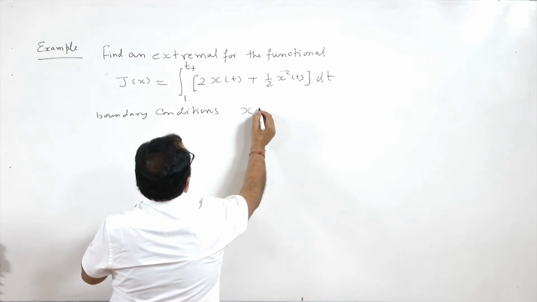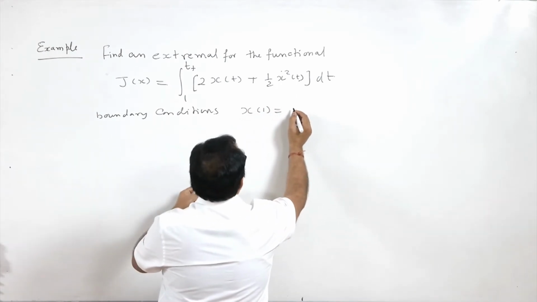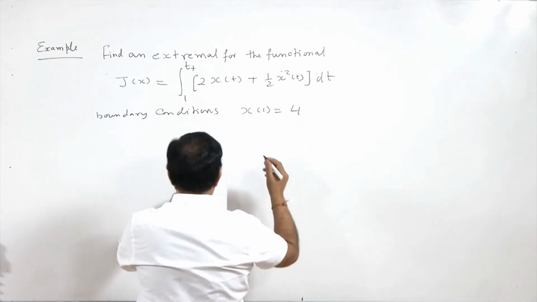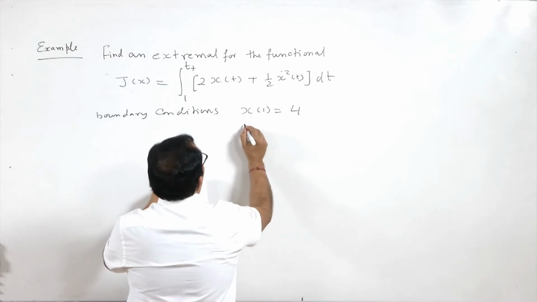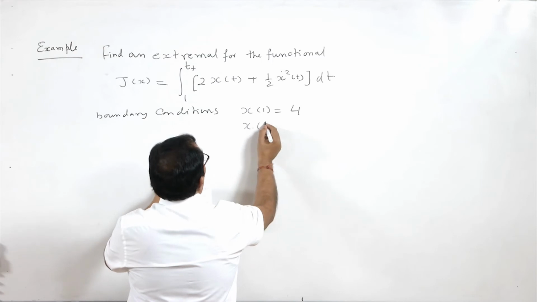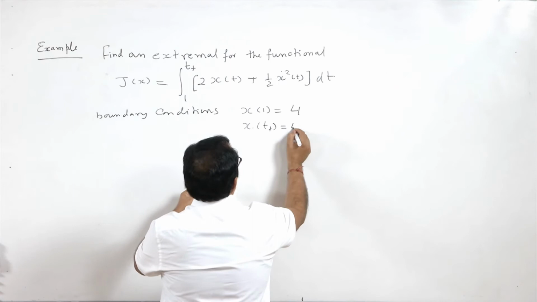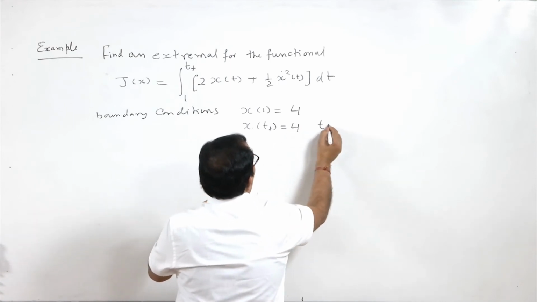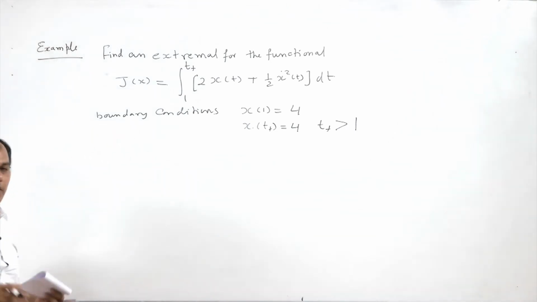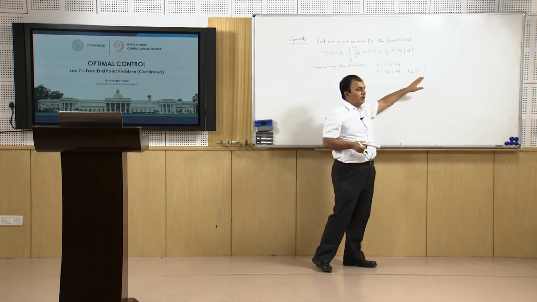The initial point is given as x(1) equal to 4, and x of tf, because tf is unspecified, is also 4, and here tf is greater than 1. 1 is the initial point, so tf naturally will be greater than 1.